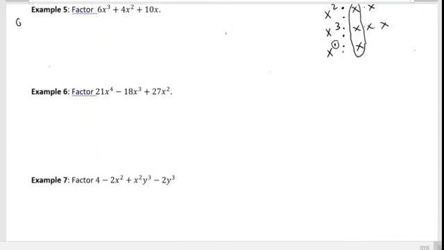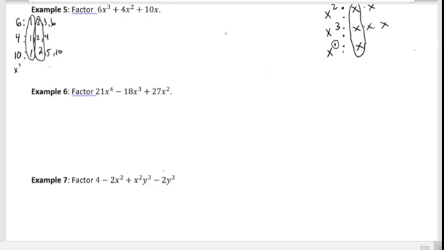So the first thing you want to worry about is the numbers. We have a 6, a 4, and a 10. The factors of 6 are 1, 2, 3, and 6. The factors of 4 are 1, 2, and 4. The factors of 10 are 1, 2, 5, and 10. If you notice, they have 1 in common and they have 2 in common. But the greatest one is going to be the number 2.